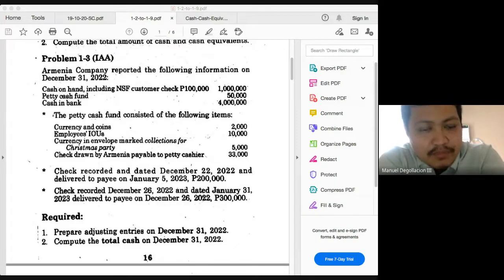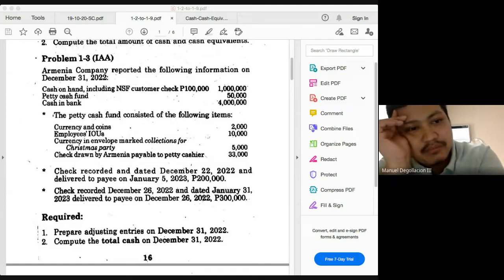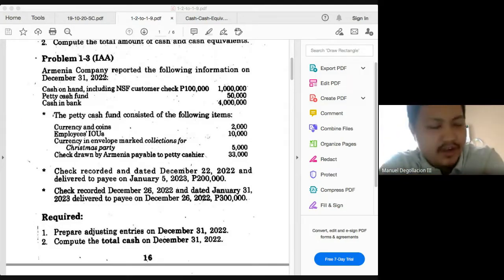That amount will represent additional cash being put into the fund. So the 33,000 here will actually represent a cash item, because this is a replenishment. This would be a replacement of the amounts that were used out of the fund. That's why the correct balance for the petty cash fund here would be 35,000.